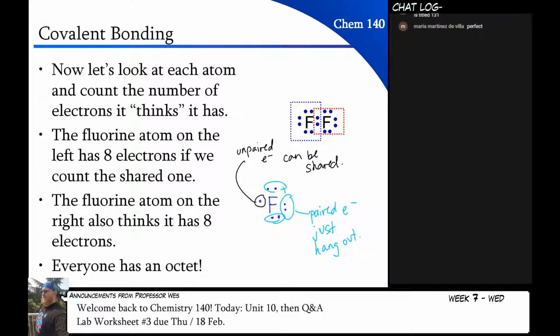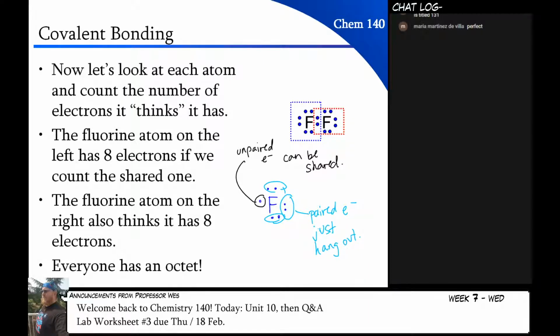Mostly because if I was going to make a bond with paired electrons, I'd have to give both of them away. And if I did that, that wouldn't be sharing. Now, in advanced classes, in like 161, we talk very, very briefly about this, but mostly in 361, in third year chemistry, you can actually make covalent bonds with paired electrons, but for our purposes in this class, we're only ever going to make bonds using unpaired electrons. So the paired electrons, they're going to sit there.